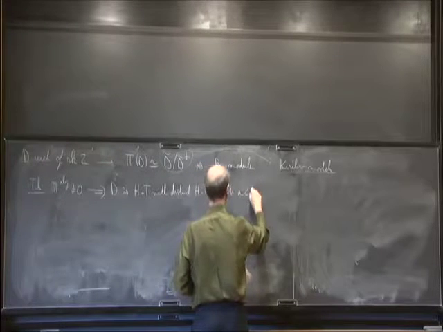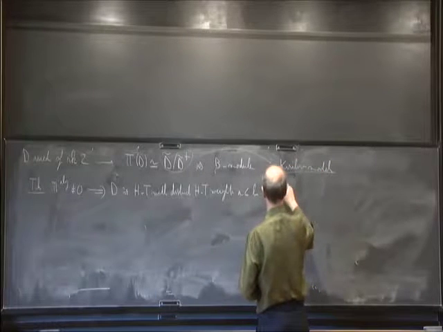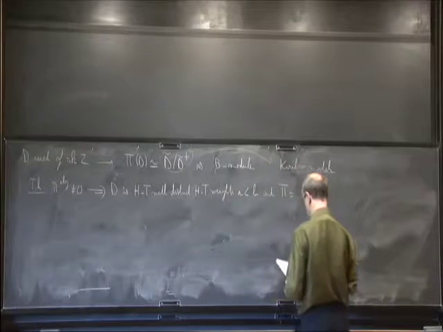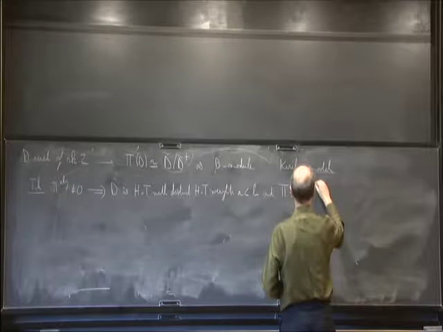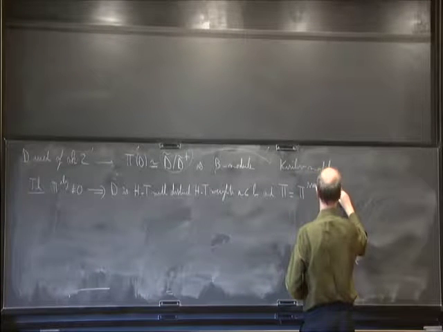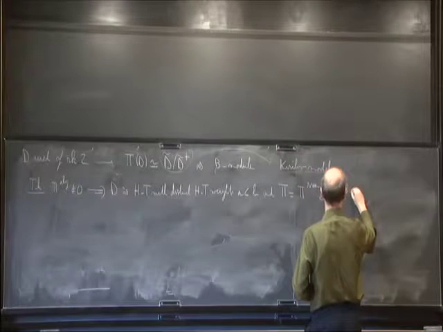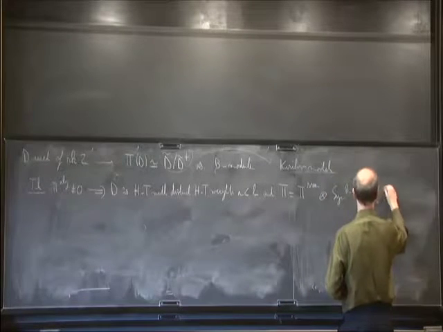So a bigger than b, a smaller than b, and in that case, pi is isomorphic to something which is smooth tensor what you want, Sym^(b-a-1), tensor det to the a.